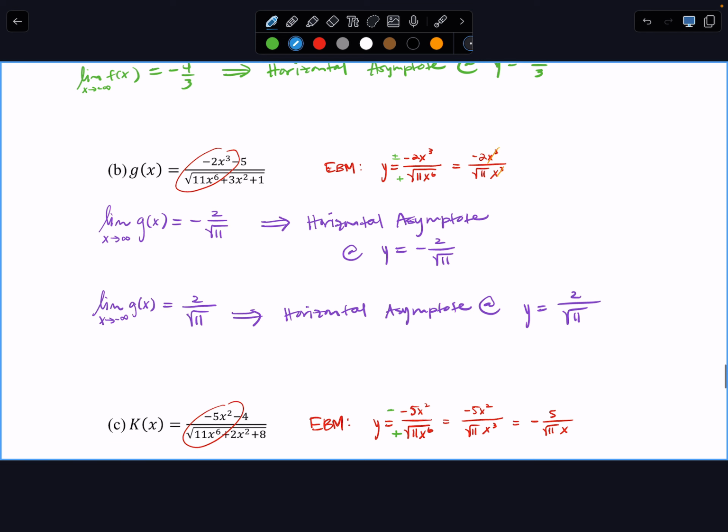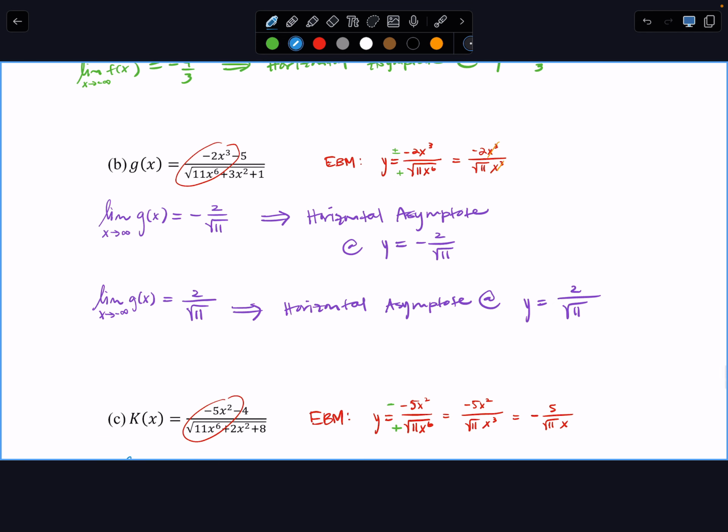Okie dokie, next one. I started by identifying end behavior model. I was like, I'm going to think of signs as x approaches positive or negative infinity. But then I was like, oh wait. Our end behavior model ends up being a version of 1 over x that's been transformed, right? 1 over x being reflected, vertically stretched by 5, horizontally compressed by a factor of root 11.